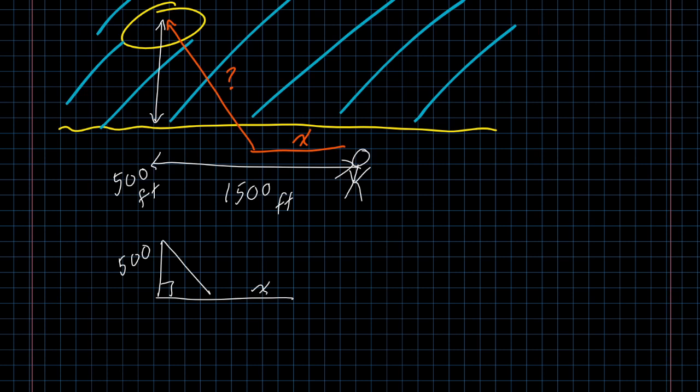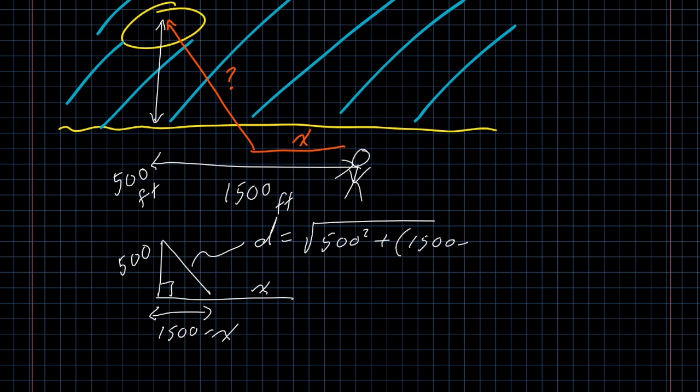This distance over here is x, and since the total distance across the bottom is 1,500, the bit of that is on the triangle is 1,500 minus x. And using the Pythagorean theorem, we get that the distance here is going to be the square root of 500 squared plus 1,500 minus x, all squared.